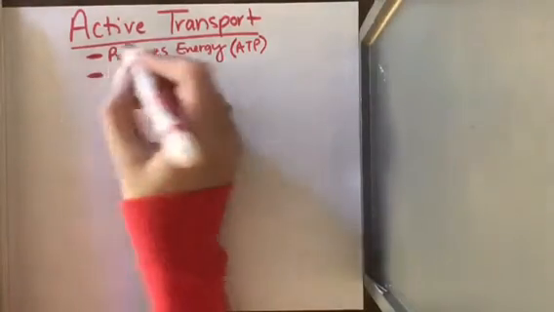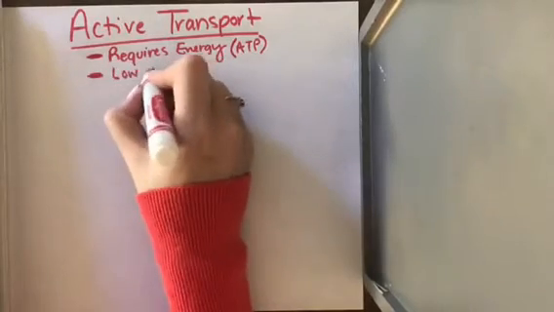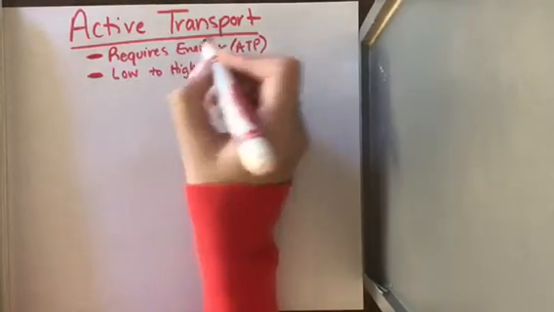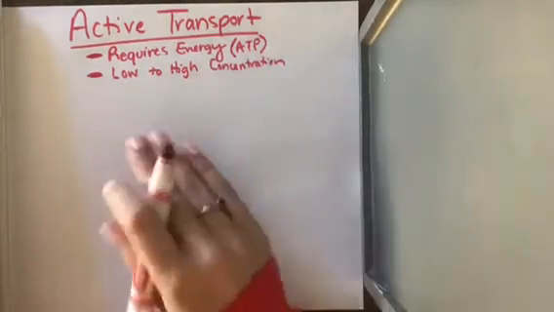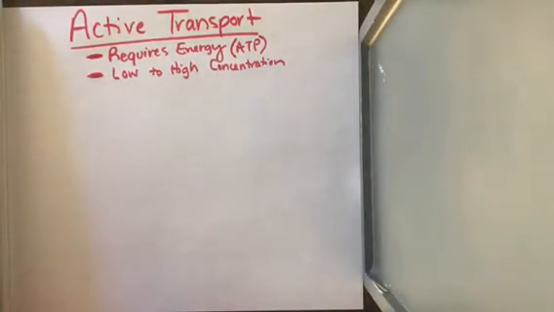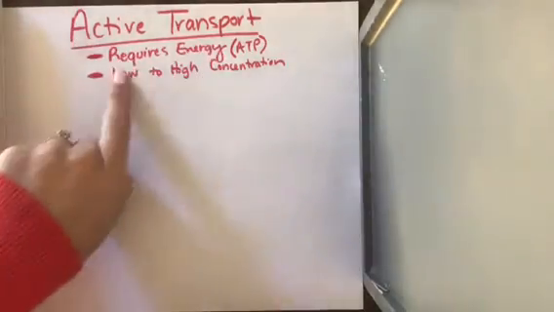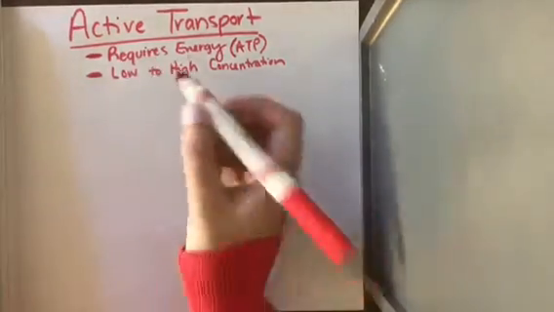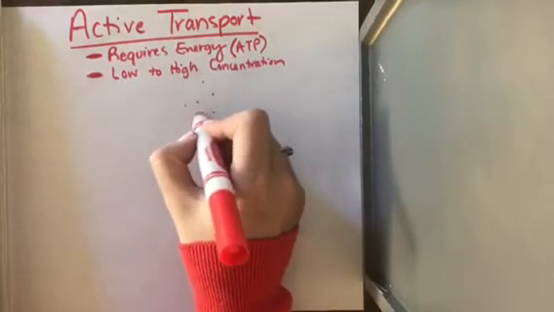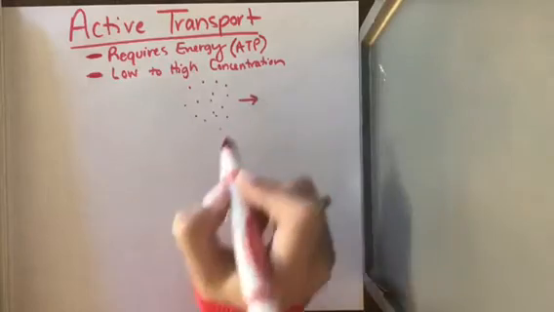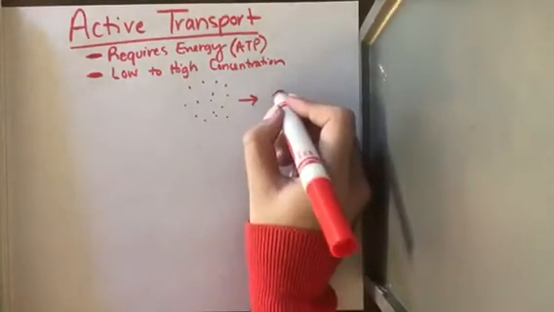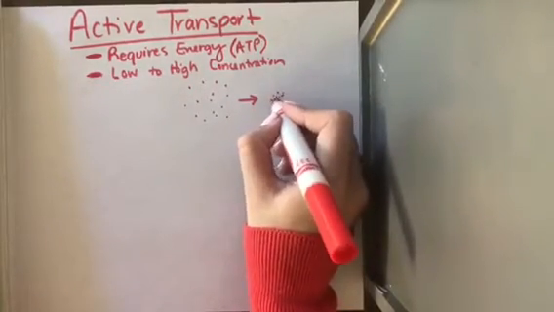It's also going to go from low to high concentration. So if you think back to when we were talking about passive transport, it goes from high to low, but active goes from low to high. So basically, things are very spread out, and we want to put them all on the same side and make them go really close together.